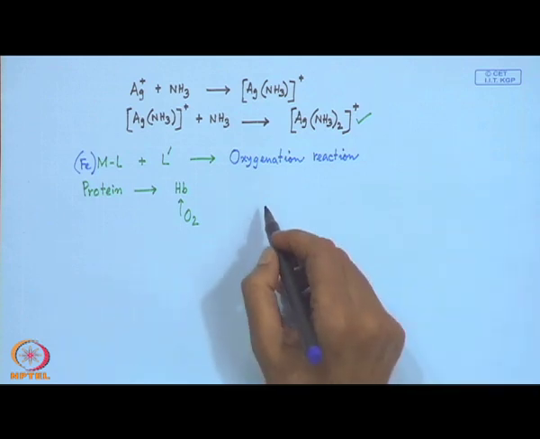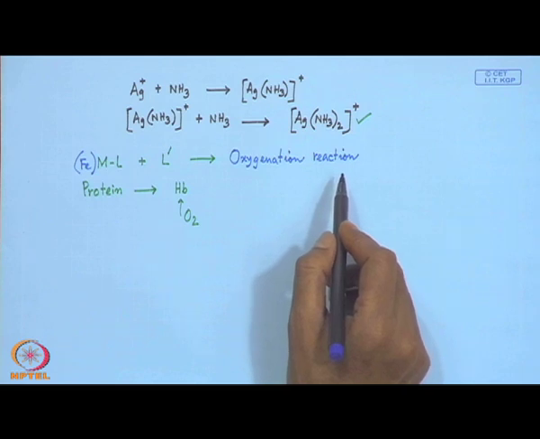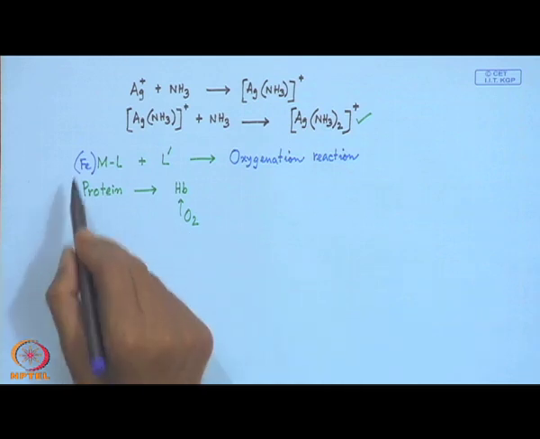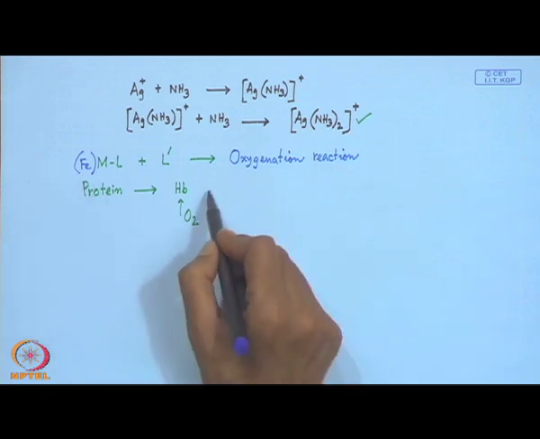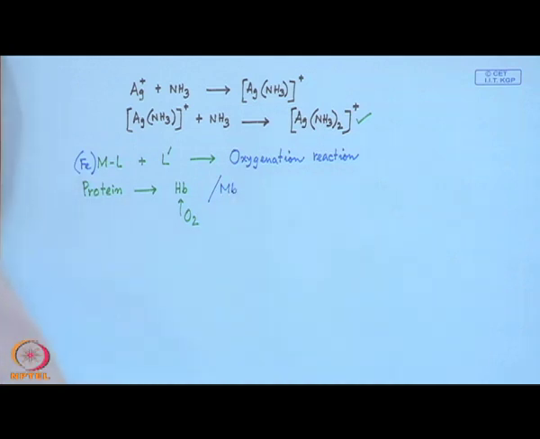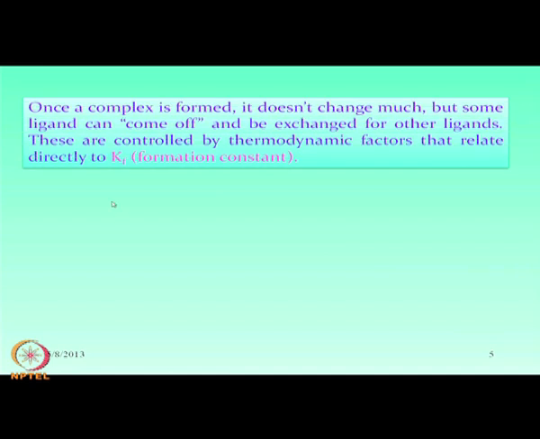That means beta 1 2, beta 1 2 3 or beta 1 2 3 4 can also be monitored for a reversible reaction like the oxygen binding to the iron center in hemoglobin or, in some cases, in the myoglobin molecule. So, we have the beta values for different types of complex formation. Once the complex is formed, it can be the typical metal ligand assembly or it can be the oxygen bound to the hemoglobin or the myoglobin molecule.